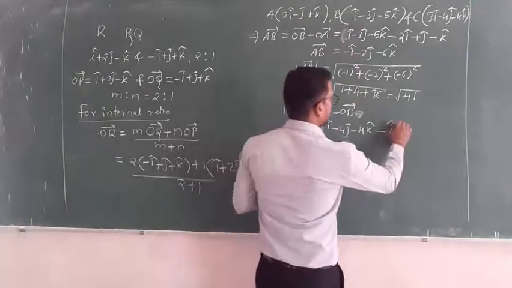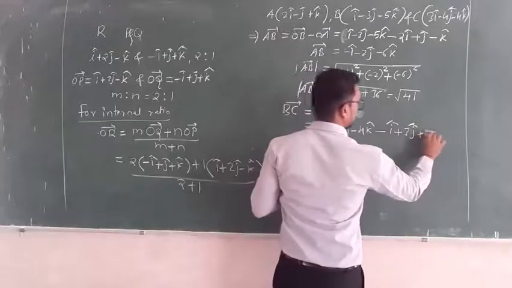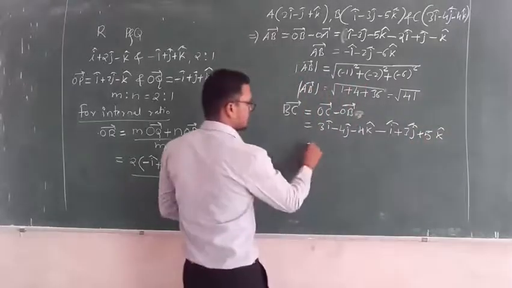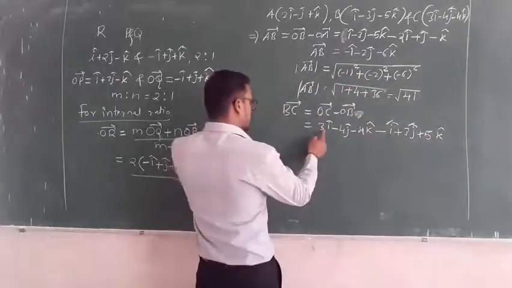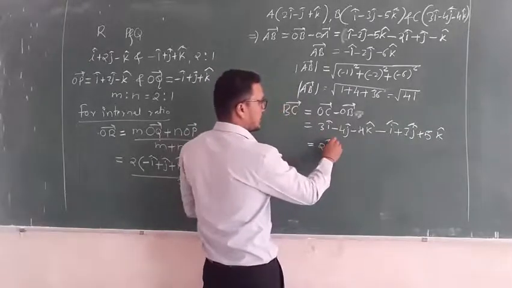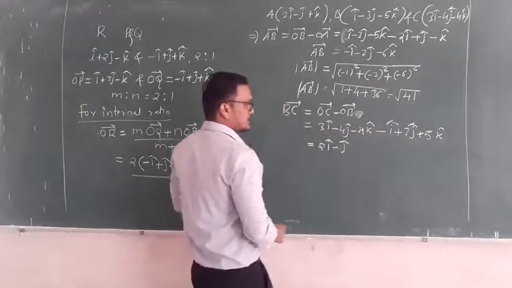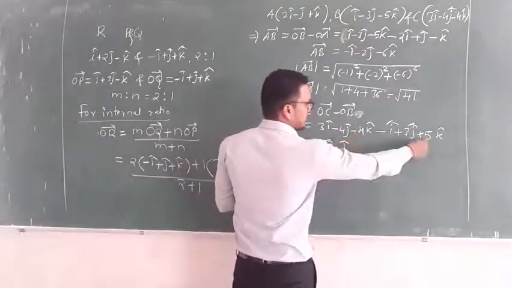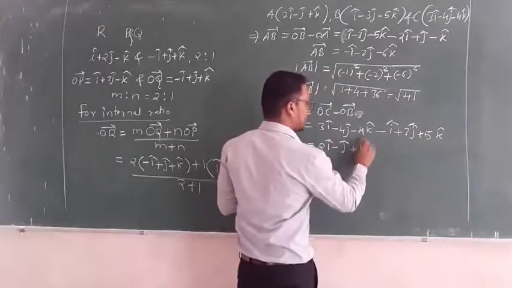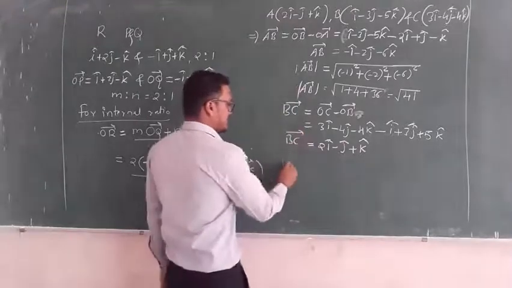It becomes minus I plus 3j plus 5k, which is equal to, now 3i minus 1i, it is 2i, minus 4j plus 3j, it is minus j, minus 4k plus 5k, it is plus k. So this is the answer of vector BC.